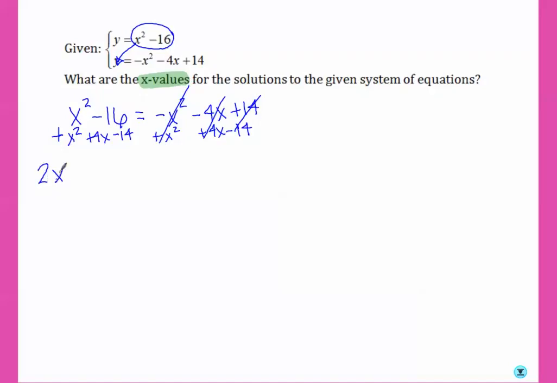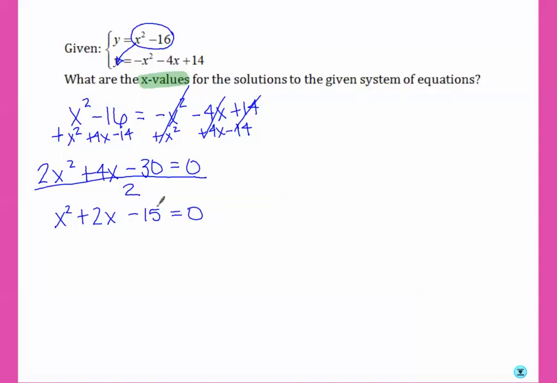So I have 2x squared plus 4x minus 30 equals 0. What do you notice about all your terms? They're all divisible by 2. x squared plus 2x minus 15 equals 0.